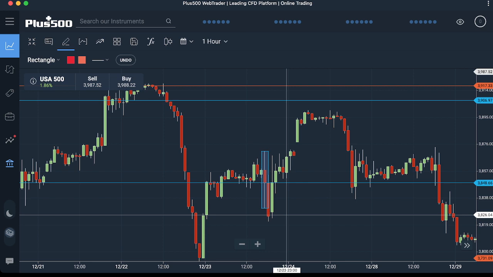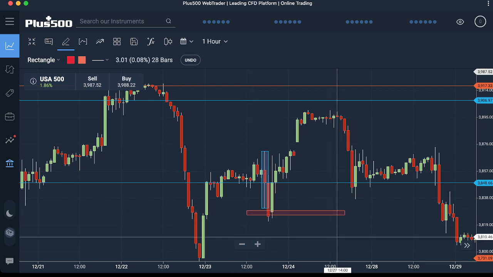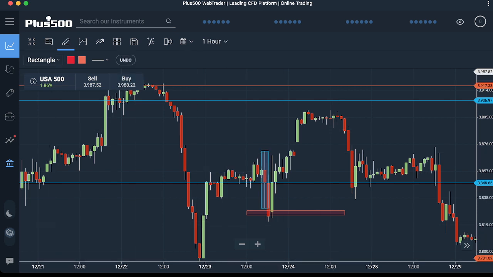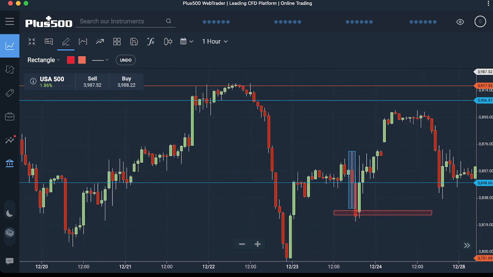So don't try to catch the price action when it is near the news time, because definitely here, if you open this trade and set the stop loss here, then your stop loss will be hit. But this is just an example for your understanding. I can find another setup here.